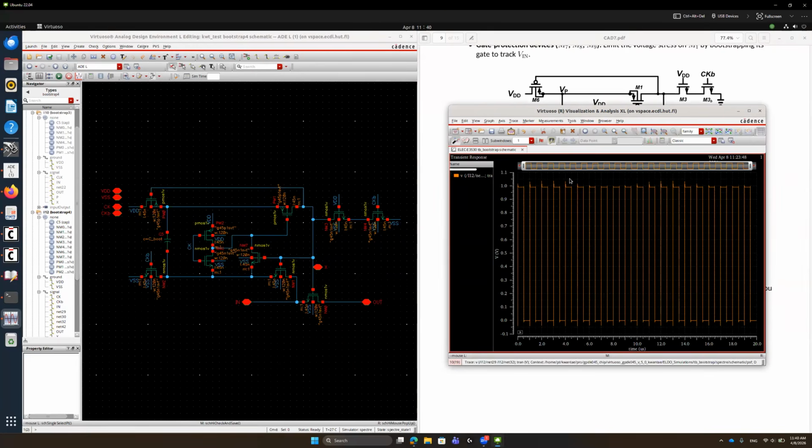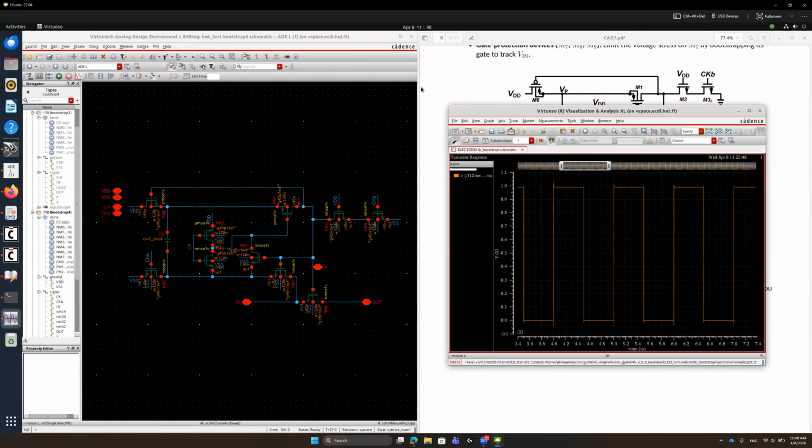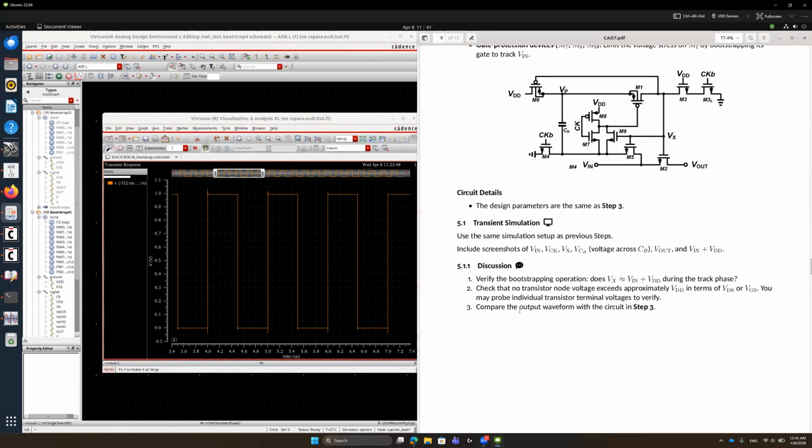So anyway, what I want to say is that, ignoring this part of peaking, this voltage and this voltage, you know, these steady state voltages are within 1 volt. All right, and compare the output waveform with the circuit in step 3.